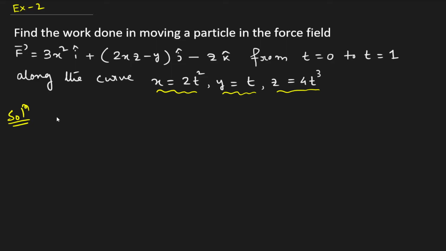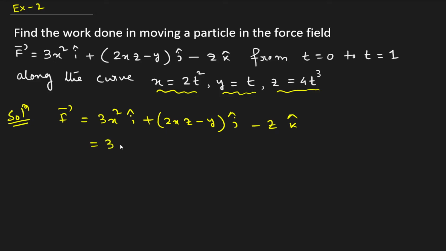Okay, now what we'll do, first we find F bar. So let us write F bar here: 3x square i cap, then 2xz minus y j cap, and then minus z k cap. So in place of x, y, z, what will we put? t, right?